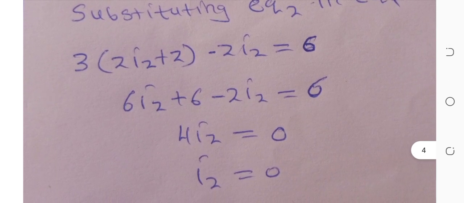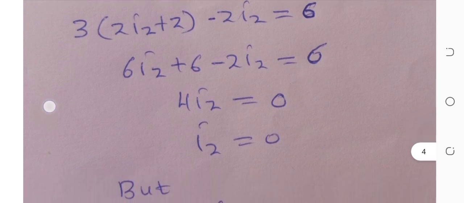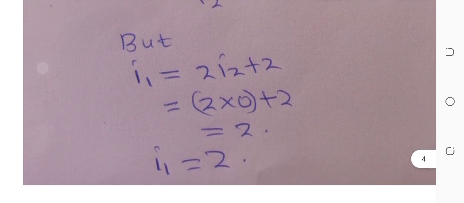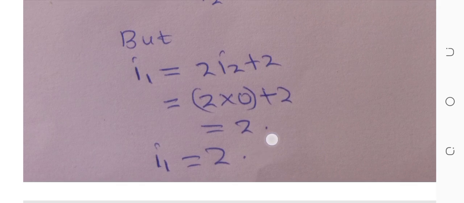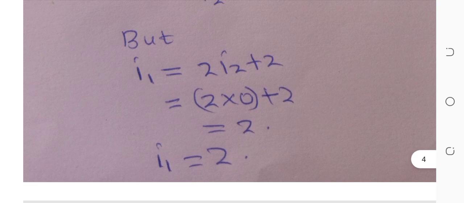Solving these, you get 4i2 equals 0, meaning i2 equals 0. But we had i1 equals 2i2 plus 2. So 2 times 0, which was our i2, plus 2, we are getting 2. So i1 equals 2.